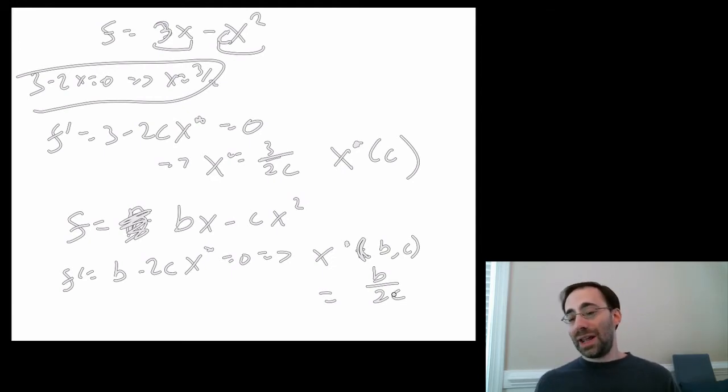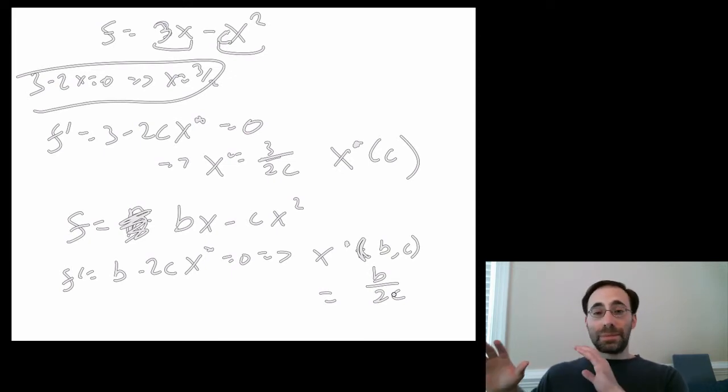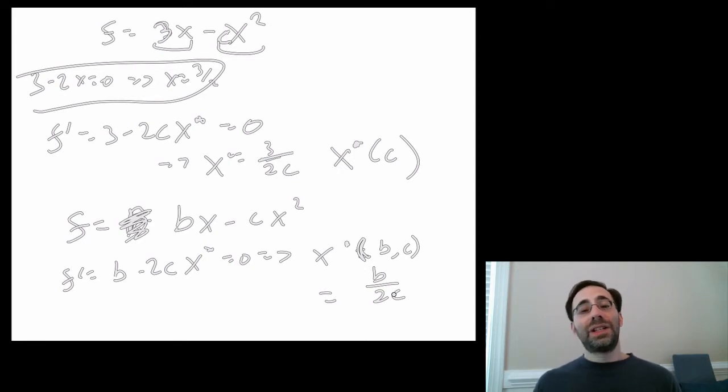We can keep going with this and adding more parameters, but the point should be clear. The optimum x star is a function of the parameters itself. So your optimum, which before was just a number, here is a function itself. And that is key conceptually, because the fact that the optimum is a function allows us to explain how our optimal choices vary with the parameters of the model. How do we do that?